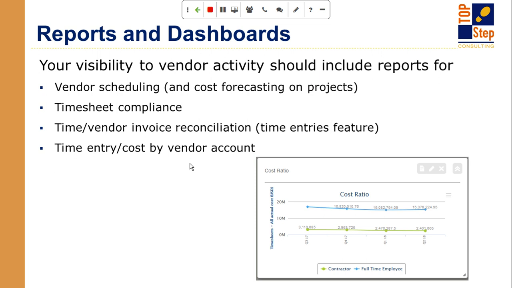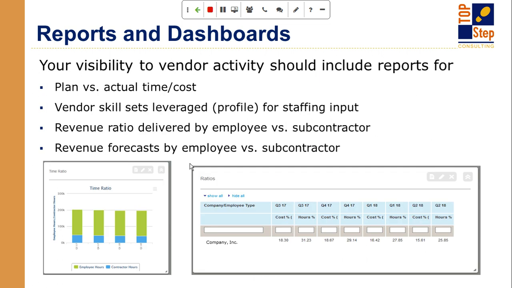And I did this one as totals, but you could do more like an average cost rate or an average return on investment. Because if you complement that with how many hours am I getting from a subcontractor, and what's that percentage ratio, you can see very quickly if the hours that you get from your subcontractors are higher or lower value than your employees.